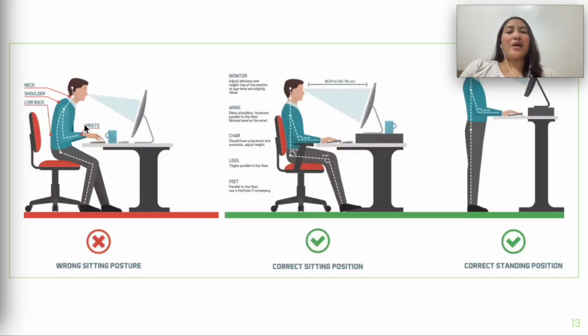So here is an example. There is proper ergonomics in a person as he or she interacts with the computer. So even the height of the chair and the tilt of the back of the chair and even the distance of the eyes to the monitor and the tilt of the monitor itself, as well as what is the proper degree where the wrist will be more comfortable when the user uses the keyboard.